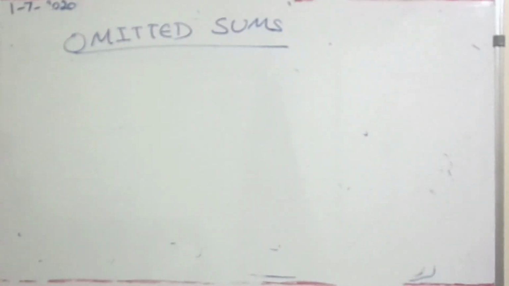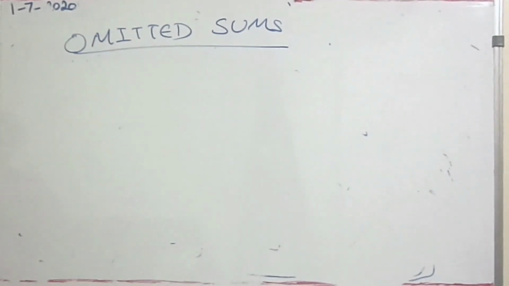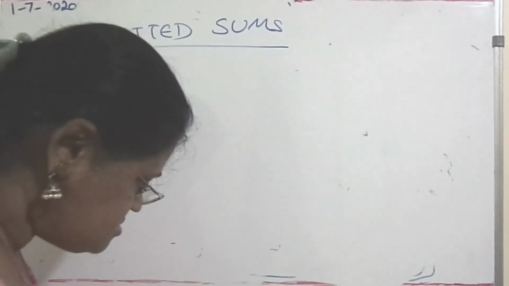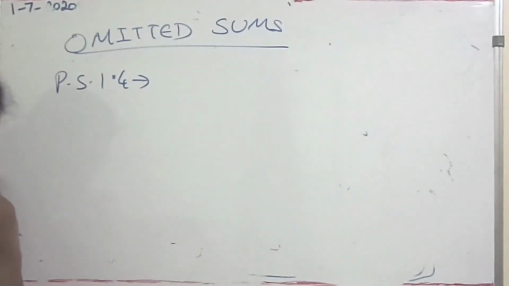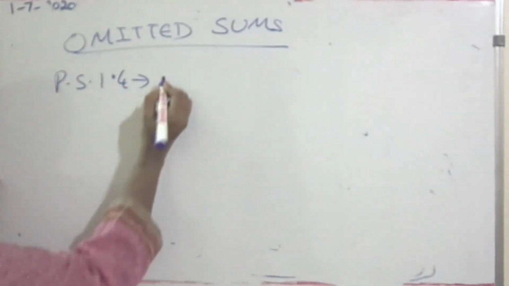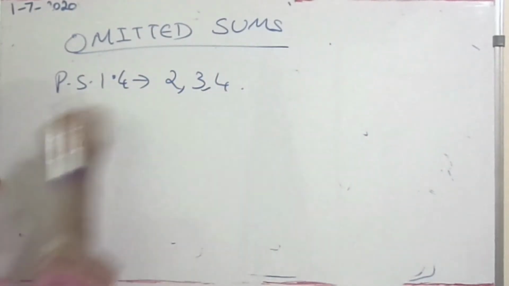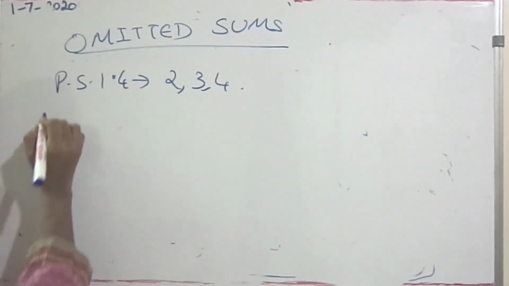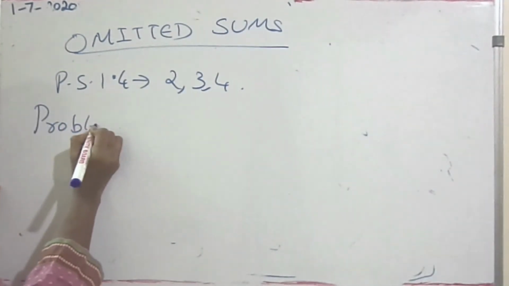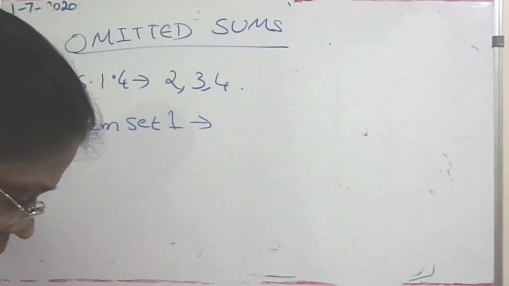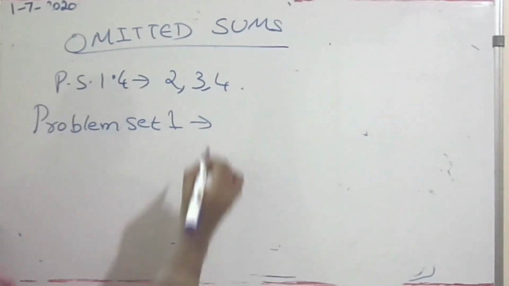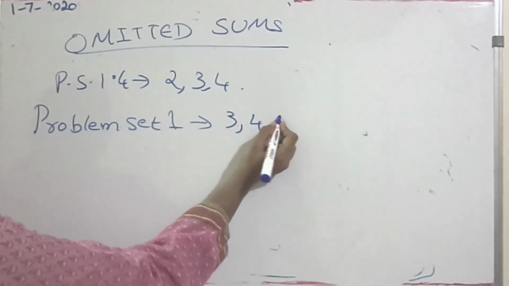Spelling of omitted is double T. From practice set 1.4, I am again telling which are the omitted sums: 2, 3 and 4. And from problem set 1, sum number 3, 4 and 6 are omitted.